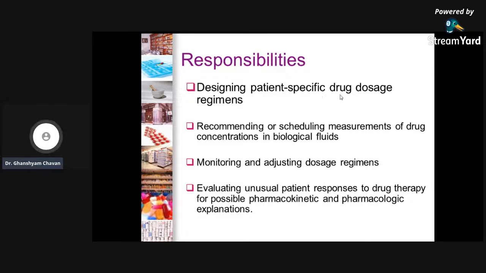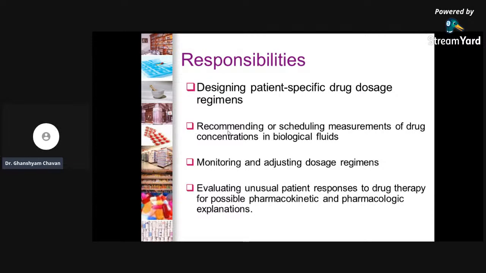That's why for a specific person we have to define the specific drug and specific dose regimen, the drug as well as the dose for that typical person, so that we get the proper therapeutic effect.